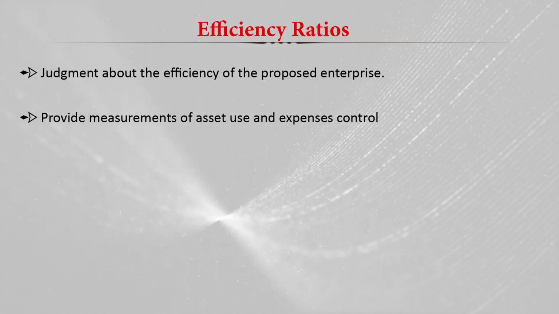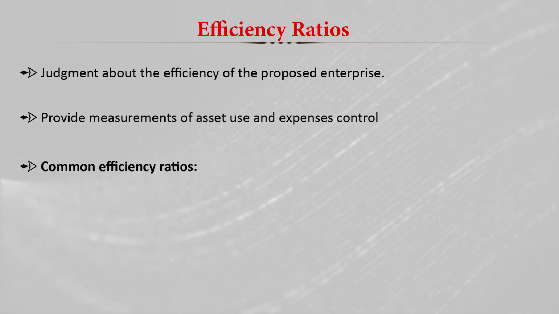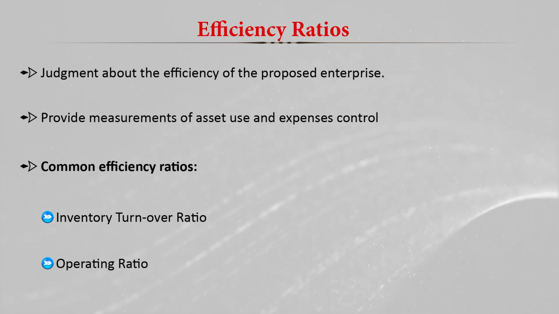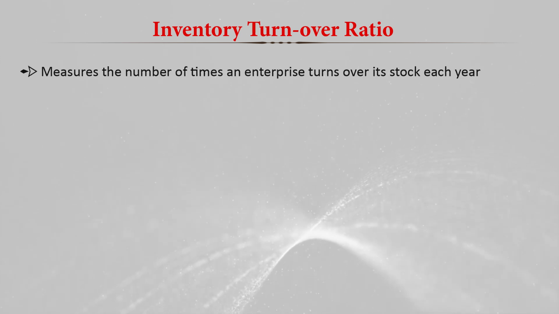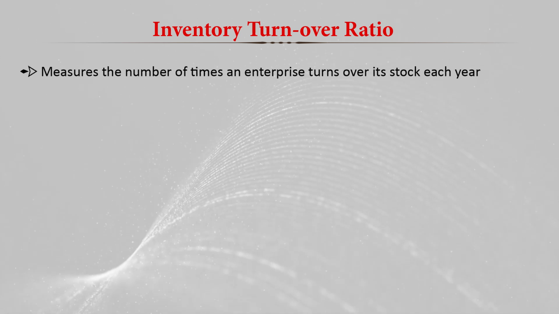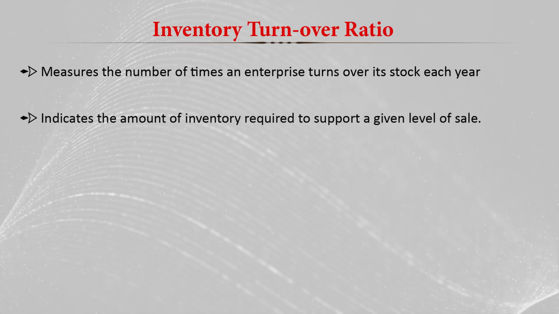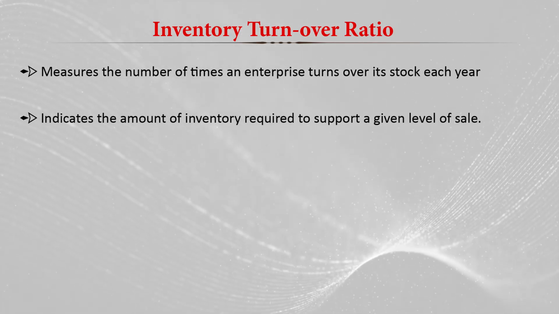So there are two common efficiency ratios we use in the financial analysis. One is the inventory turnover ratio, another is the operating ratio. And basically, the inventory turnover ratio measures the number of times an enterprise turns over its stock each year. So actually, it indicates the amount of inventory required to support a given level of sales.